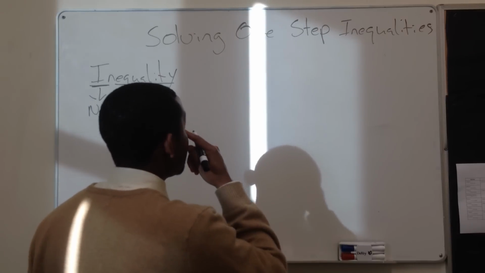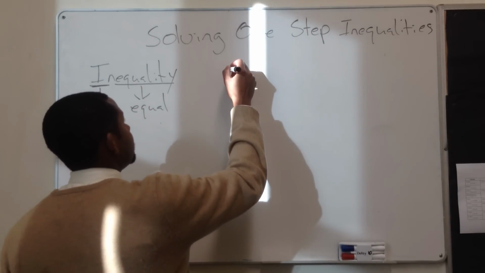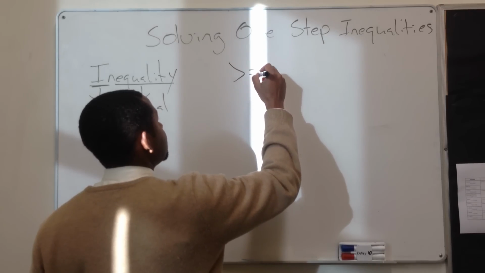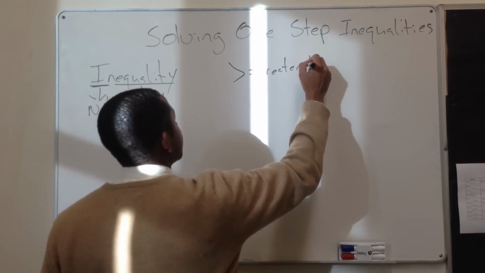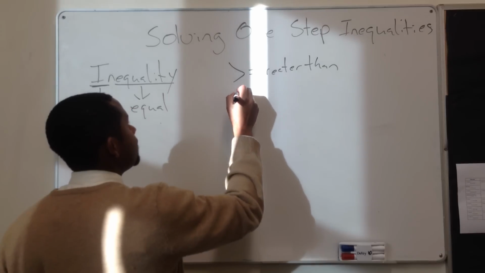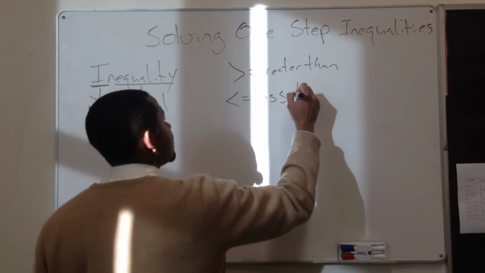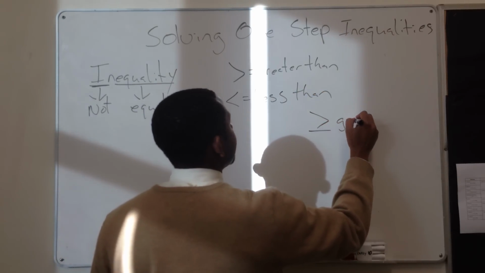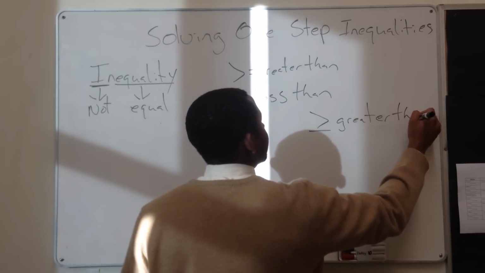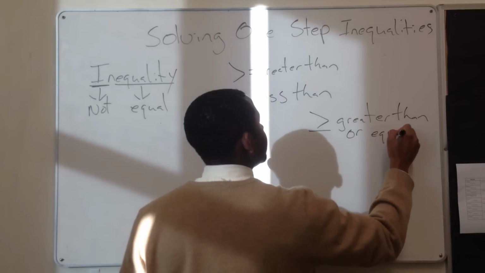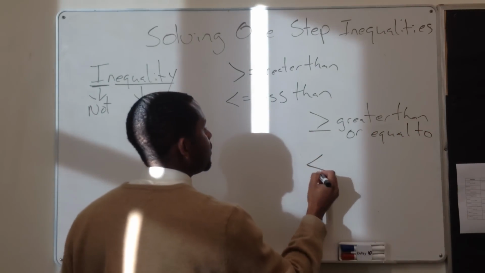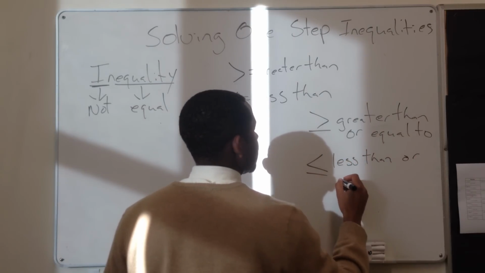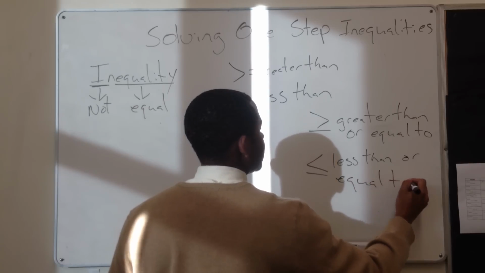So first off, let's look. We have greater than, less than, greater than or equal to, and less than or equal to.